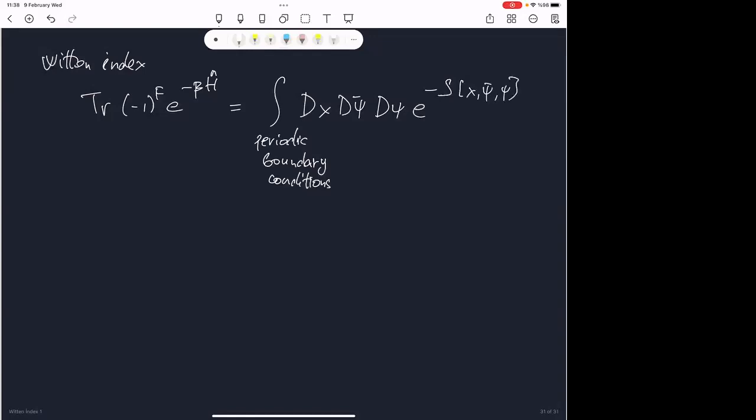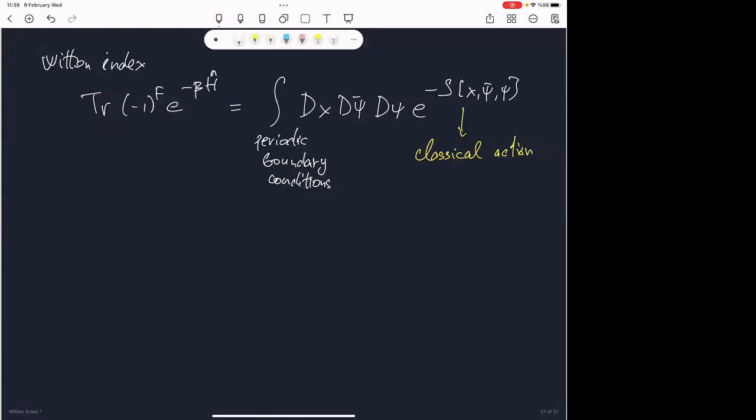Now, this is important. We have our Hamiltonian, but this action is classical. By classical I mean there are no operators here. So what we want to do is compute this path integral.